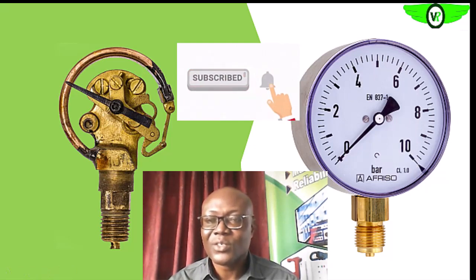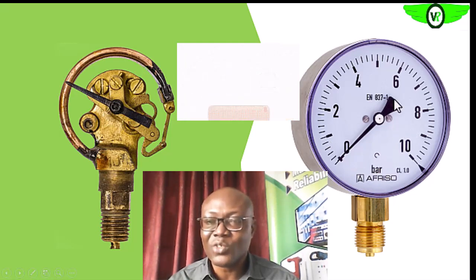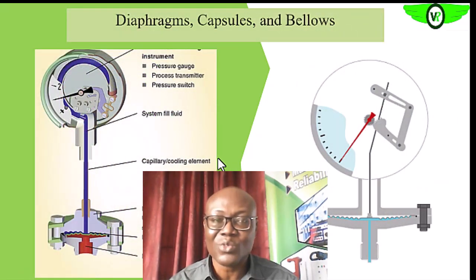Okay, so as the pressure is increasing, the Bourdon tube is stretched. This will now be moved, okay, to register the pressure that we have on the process. So it's a very simple but reliable pressure sensor that we often use in our process.